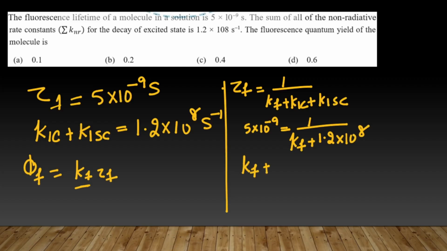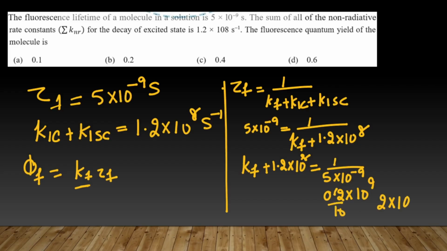So Kf plus 1.2 into 10 raised to the power of 8 is equal to 1 upon 5 into 10 raised to the power of minus 9. So this will become 0.2 into 10 raised to the power of 9. Taking the decimal, 2 into 10 raised to the power of 8. This is the value. Now from this we have to subtract the value of 1.2.